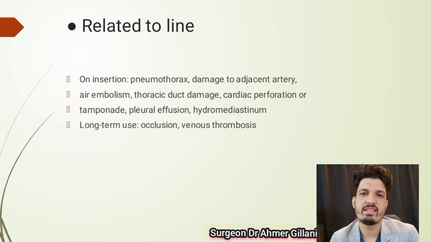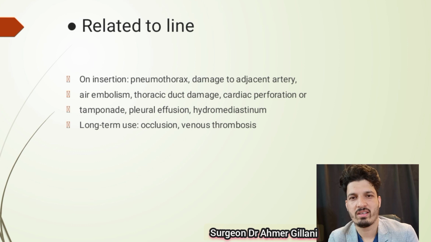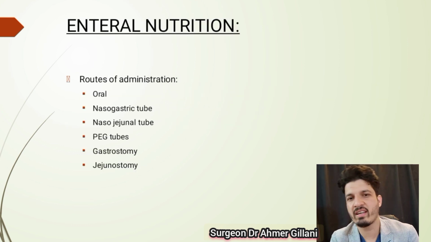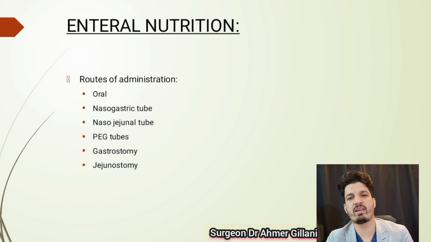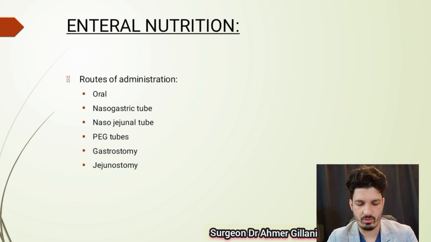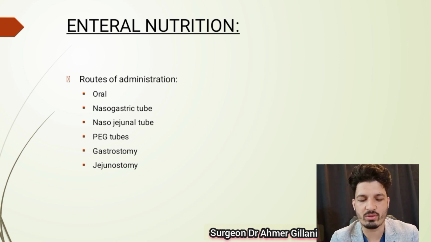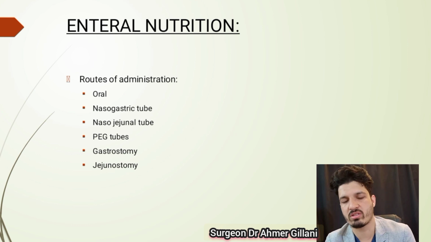Now the second part of our lecture, that's the enteral nutrition. Till now we have discussed the parenteral nutrition. So there are various routes. The best and the first route is the oral, and you can also use the nasogastric tube, nasojejunal tube, patch tube, gastrostomy, and jejunostomy.